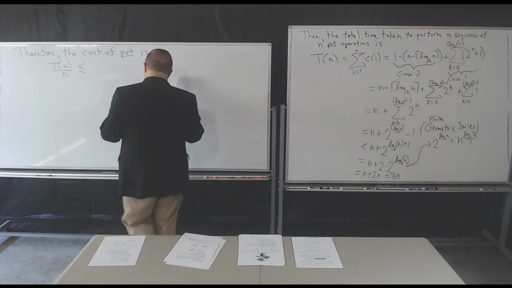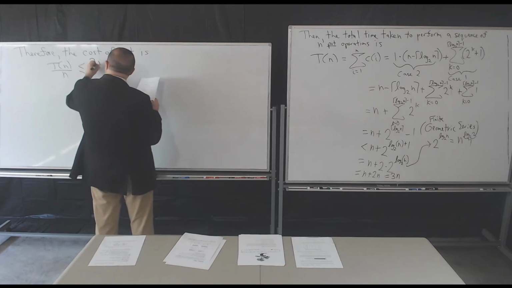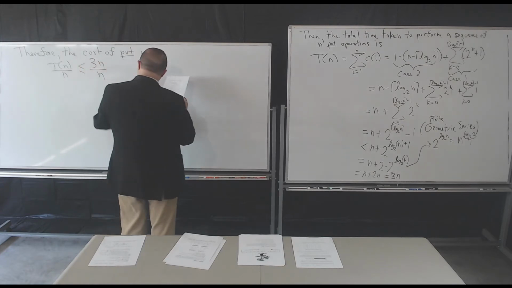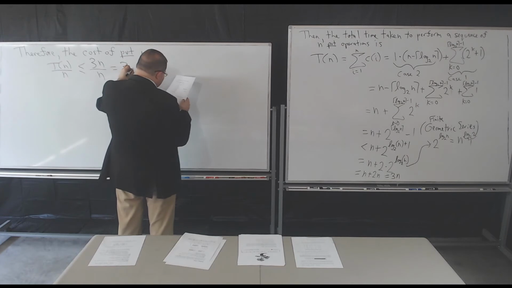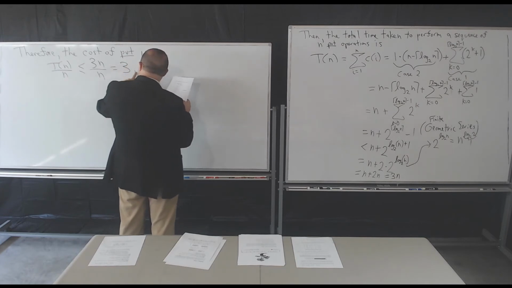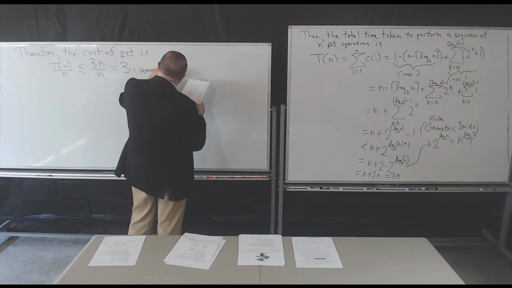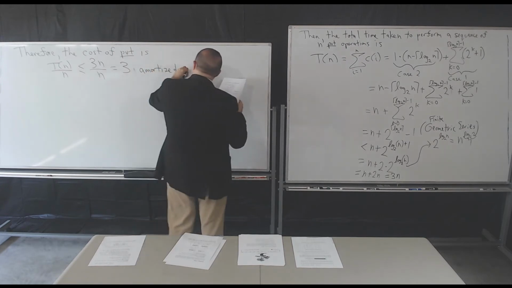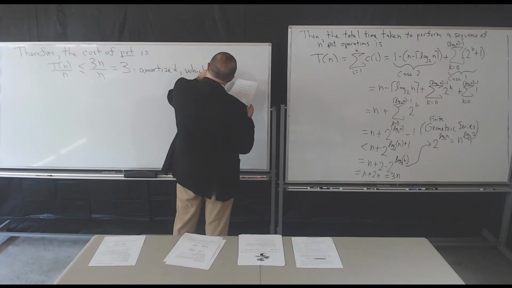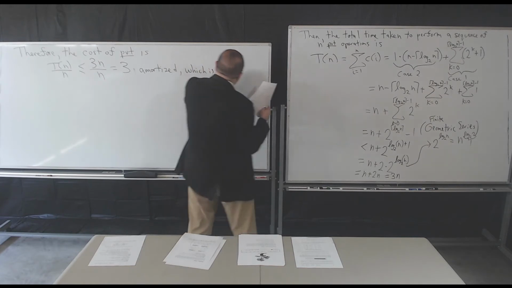So I'm just saying it's less than or equal to 3n. How many operations are we doing? n, which equals 3. Whew. So that's 3 amortized, which is big O of 1 amortized.